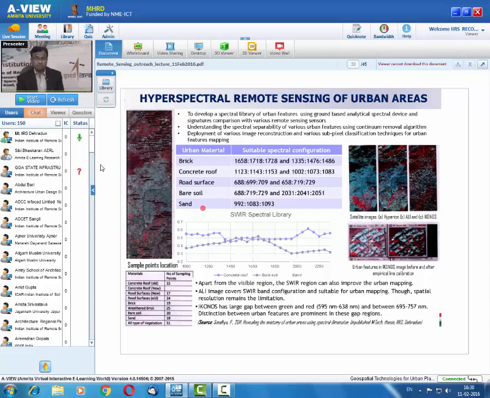But as of now, data of high spatial resolution in the hyperspectral domain is not available, so there is very limited opportunity from space-based platforms. But we have data from aerial platforms which can help us in understanding Earth surface features.